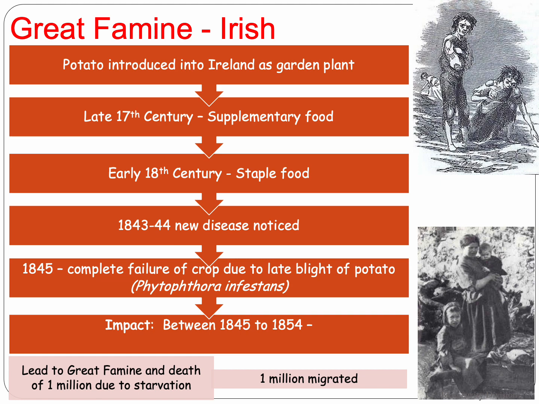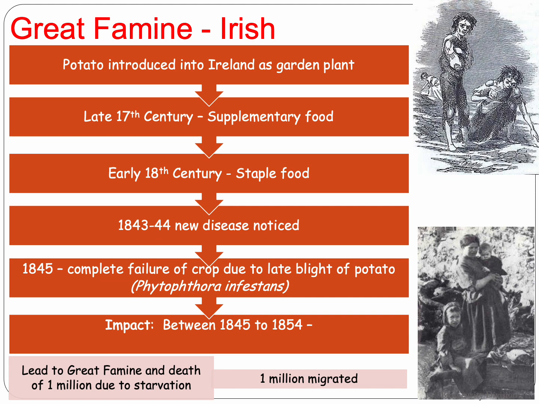Within 2 years, in 1845, there was complete failure of the crop due to that disease, known as late blight of potato, caused by a polycyclic fungal pathogen, Phytophthora infestans.